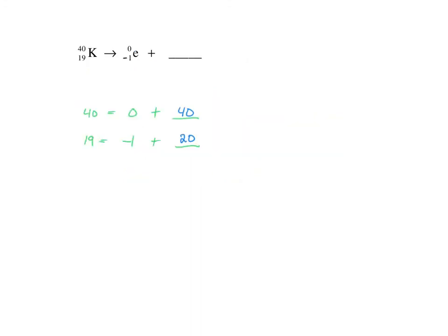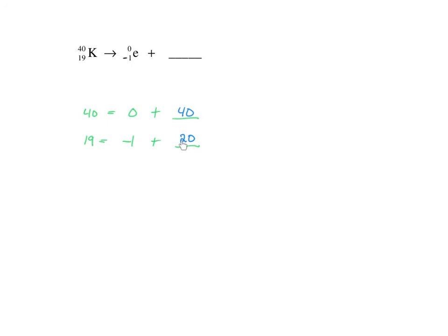And we apply a rule where the sum of the mass numbers has to be the same, reactants to products. That means 40 has to equal 0 plus some unknown number. We know our unknown number here is going to be 40. 19 has to equal minus 1 plus some unknown number. That unknown number is 20.